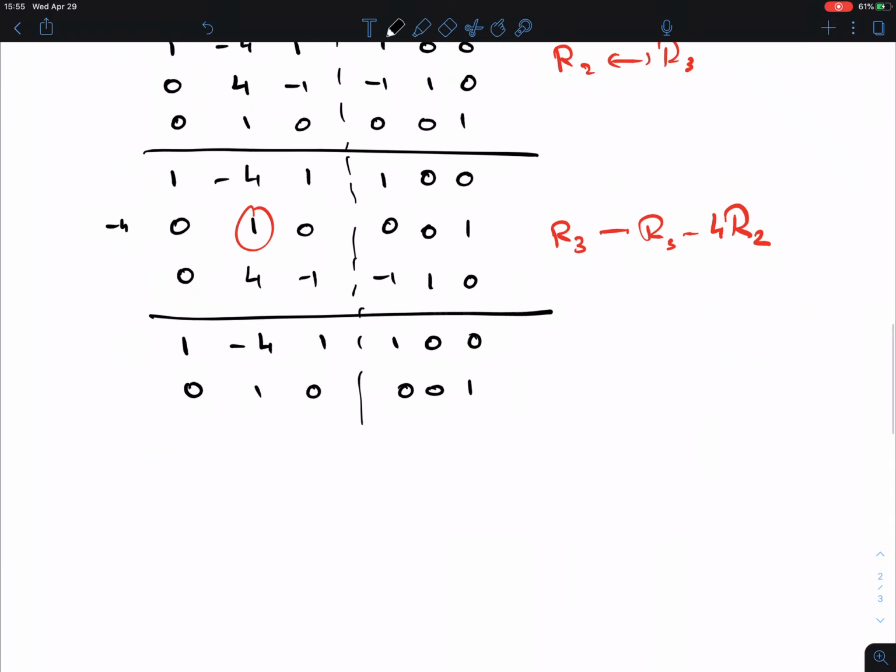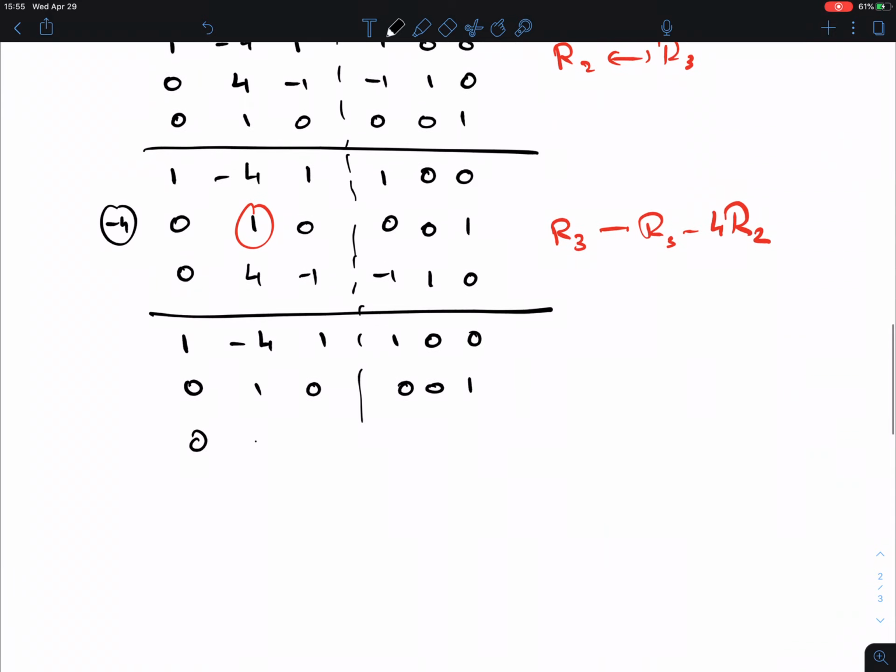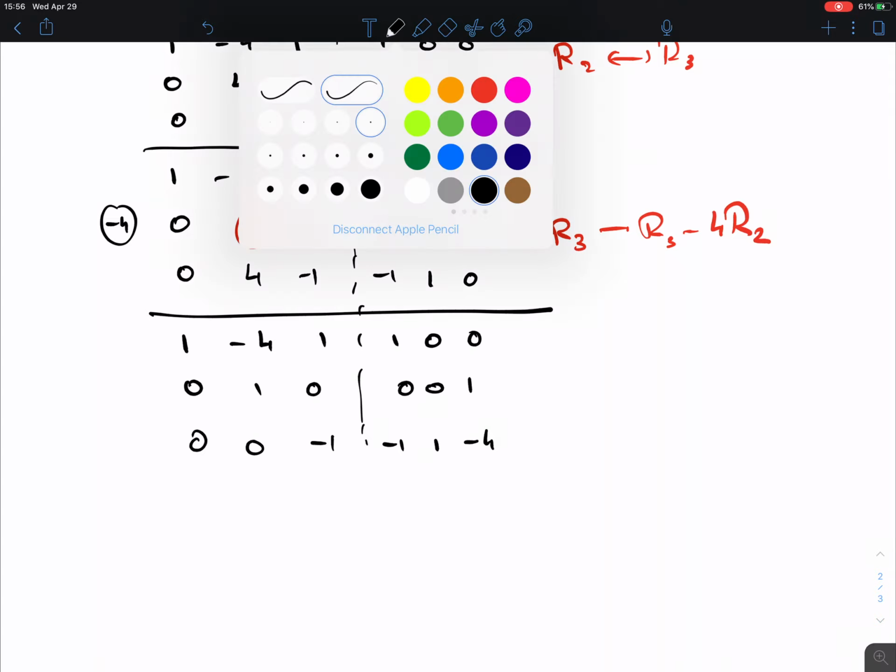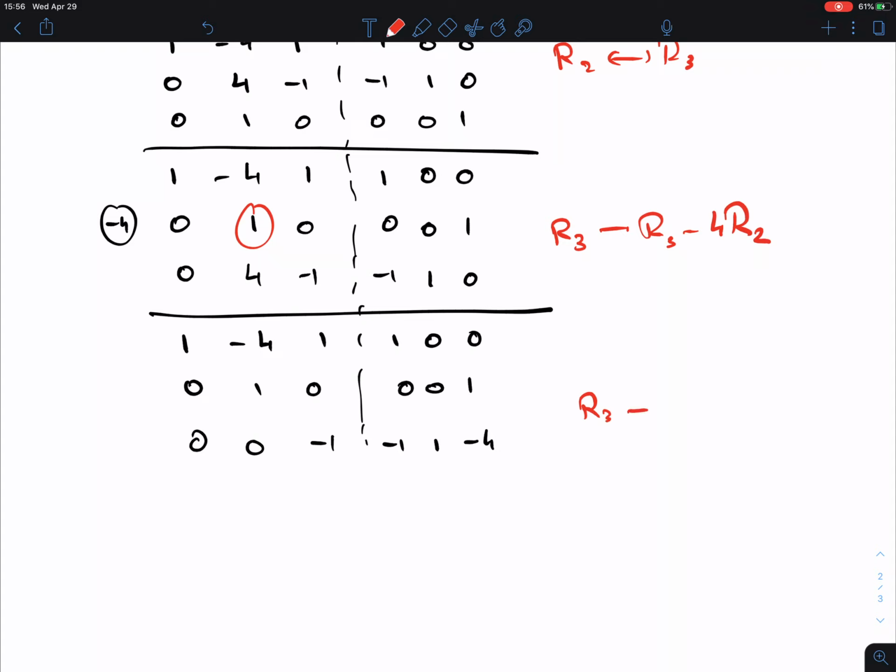So I'm multiplying this by -4, so I get a 0, a 0, a -1, a -1, a 1, and a -4. Okay, good. Then I need to change the sign in the last row. I'm just going to do this and replace this row with 0, 0, 1, 1, -1, 4.